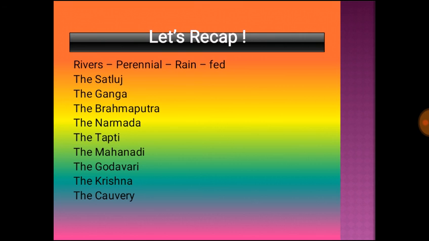Examples for perennial rivers are the Satluj, the Ganga, the Brahmaputra and the Yamuna. Examples for rain-fed rivers are the Narmada, the Tapti, the Mahanadi, the Godavari, the Krishna and the Kaveri.